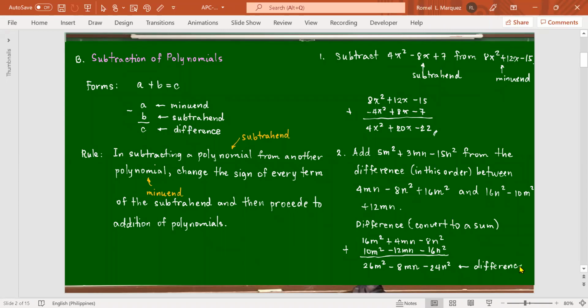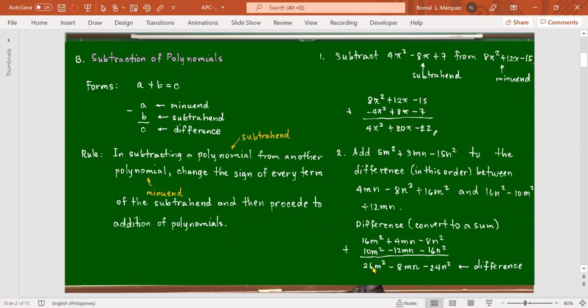What am I going to do with this? Add this difference to 5m squared plus 3mn minus 15n squared. Add to the difference. Okay, so let's do that.